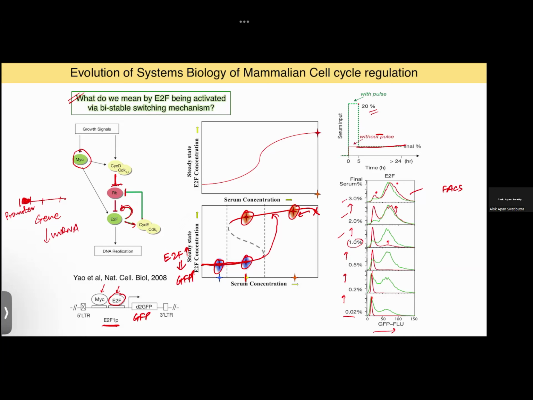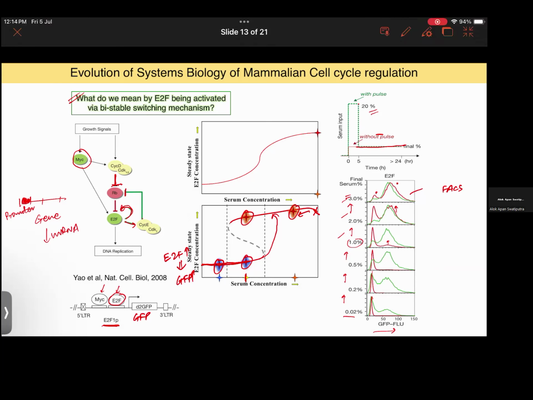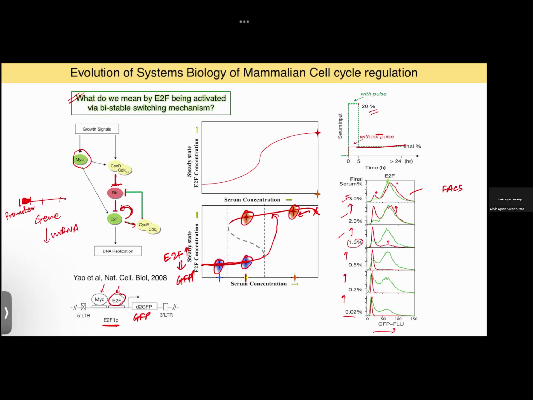You see, at 3%, there are more cells in high, fewer in low. When they decrease it to 2%, still more cells in high, fewer in low. Then 1%, 0.5%.